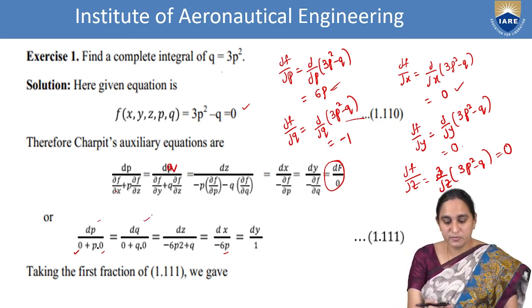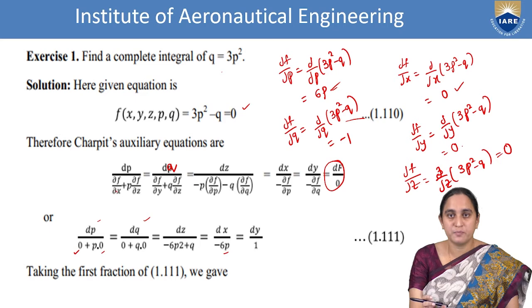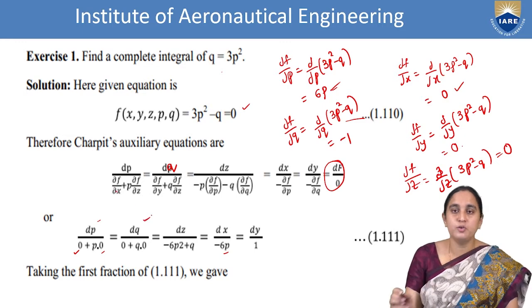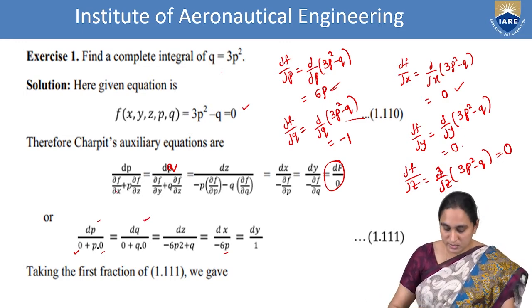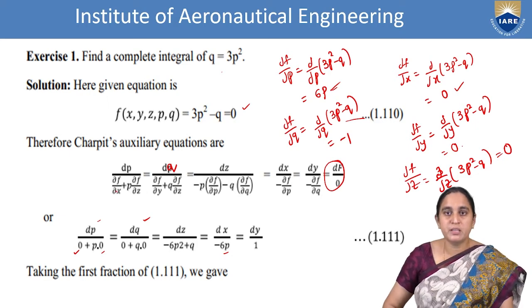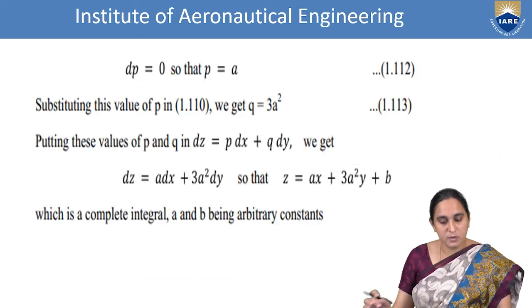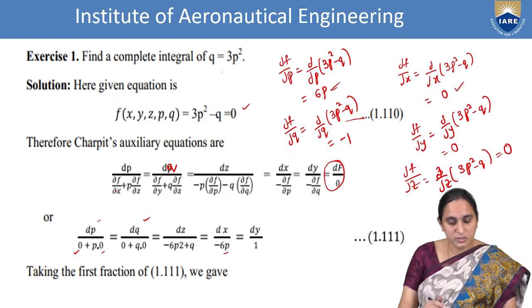Why? Because from dp and dq, we can easily get either p or q.